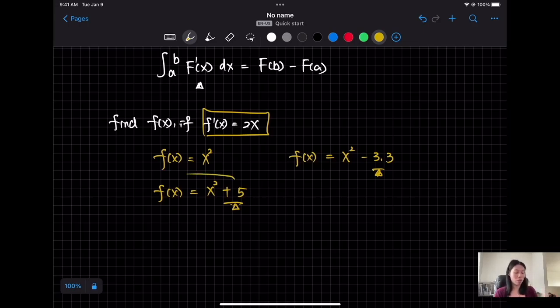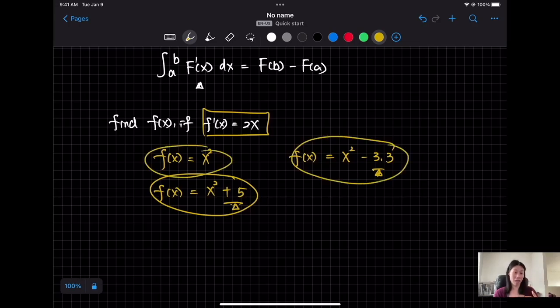No matter what the original function looks like, if you shift it up or down, the derivative should be the same. So just think about it that way. The derivative just tells us the shape of the function, not the location, because the vertical position tells you the location.